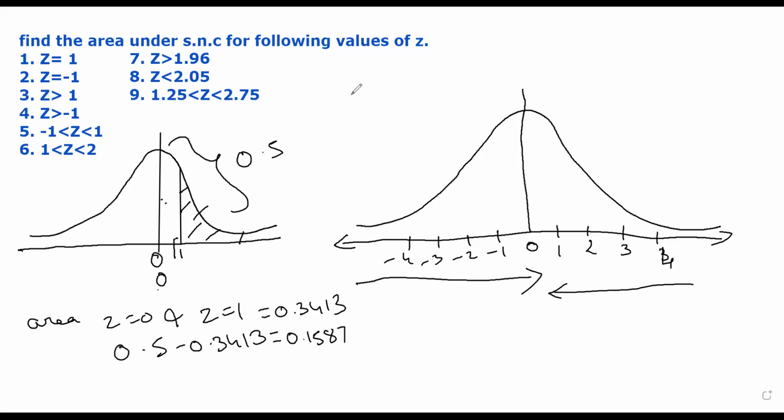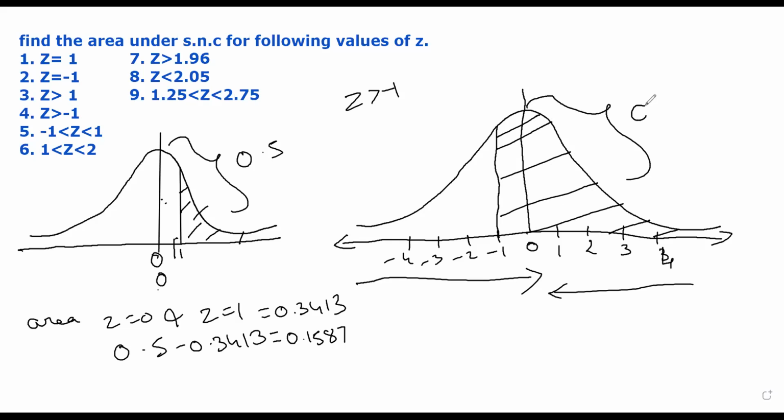Now they have asked you for area greater than -1. So if I have to find area greater than -1, I am actually talking about this area. Now we know very well that this particular area is 0.5. And this area between 0 and -1, अभी थोड़ी देर पहले निकाला था हम लोगों ने. This is 0.3413.